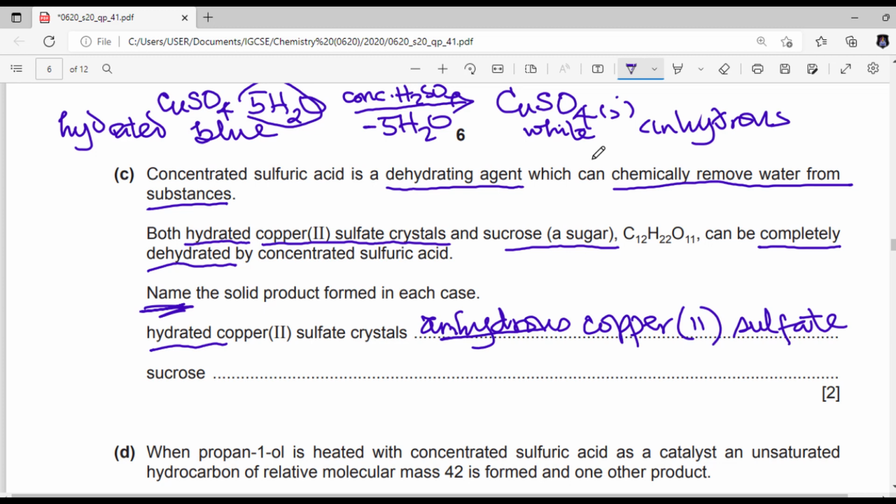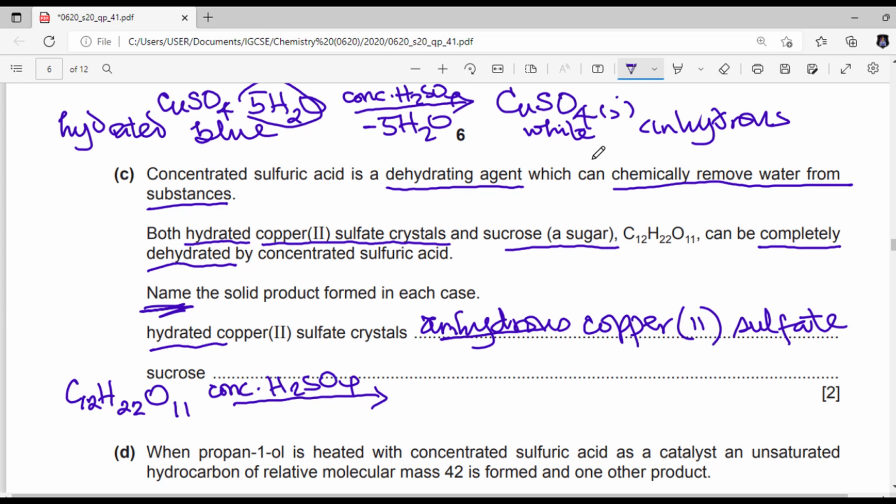Then for sucrose now, sucrose is C12H22O11, right? And if we use conc H2SO4 to remove water from this sucrose, from this compound.